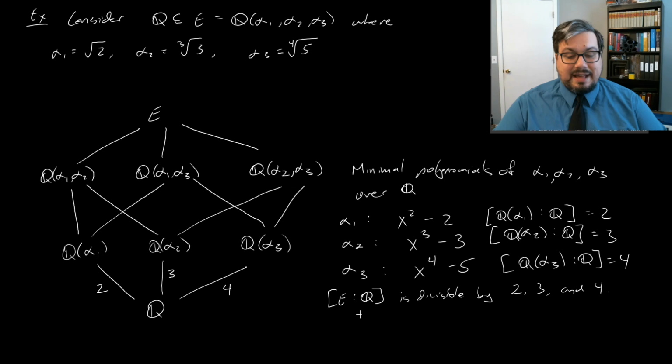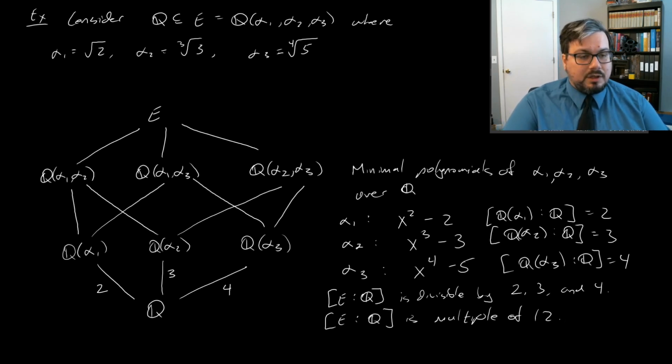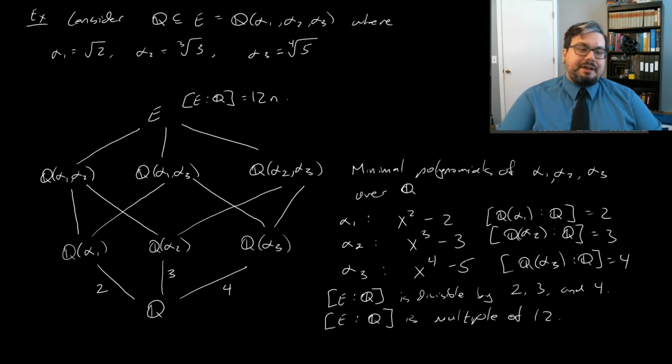So this means that the degree of E over Q is a multiple of 12. So we have that the degree of E over Q is equal to 12n for some integer n.